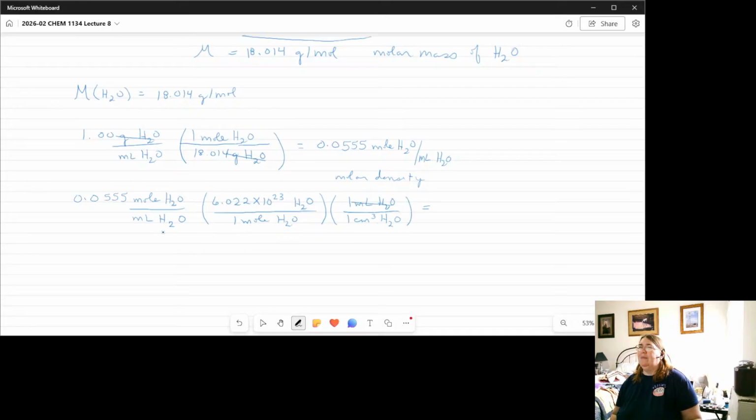Now, do you have to write this second unit conversion? Not really. You know that a milliliter is a cubic centimeter. You can use those interchangeably.